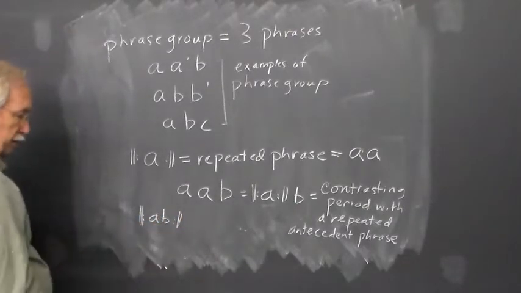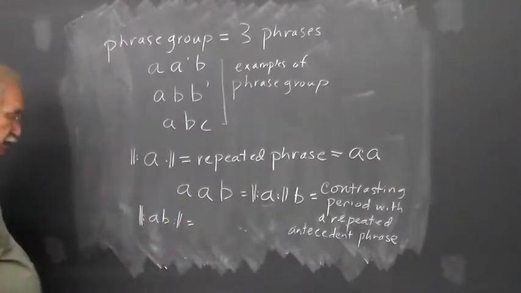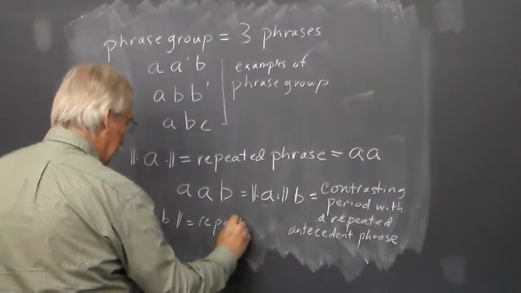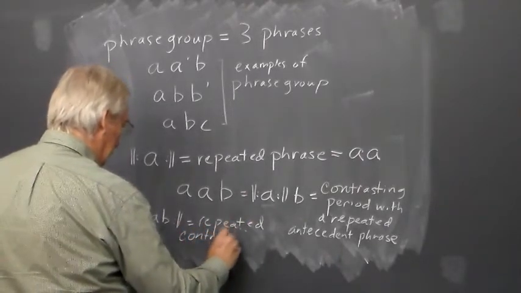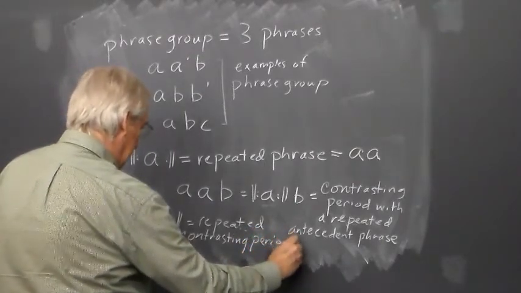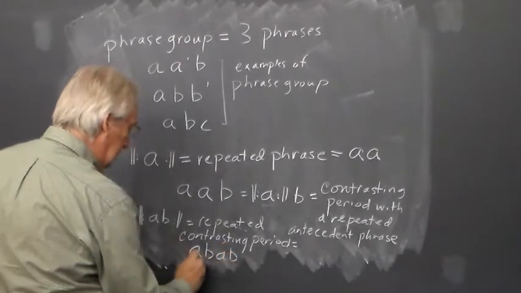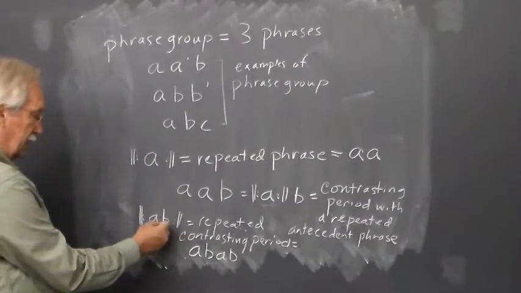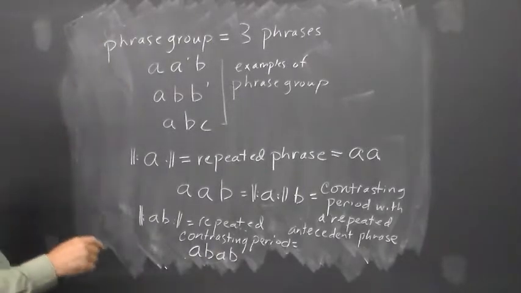And so, if it's notated this way, you would call that a repeated contrasting period. Equals A, B, A, B. So this is just the written out version of this, which uses repeat signs. And so that's a basic concept I want you to have in mind there.